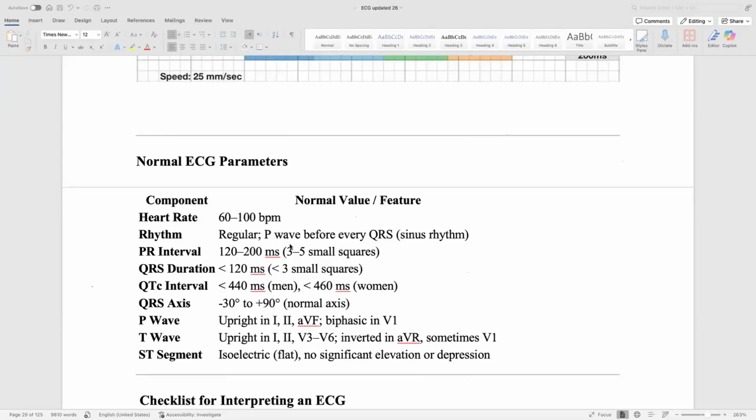If there is a P wave before every QRS, that means the electricity is coming from the SA node to the atrium, and to the AV node, to the bundle of His and Purkinje fibers.